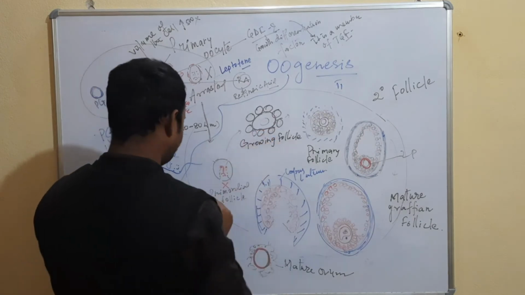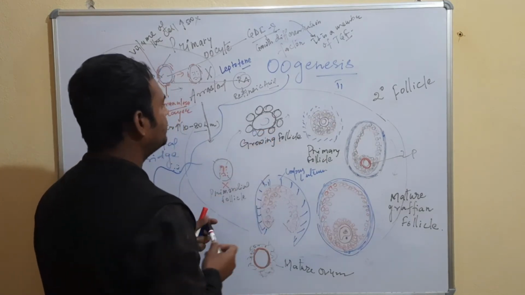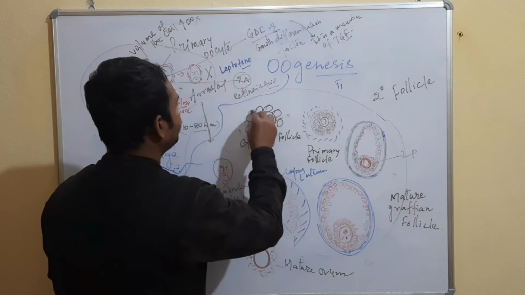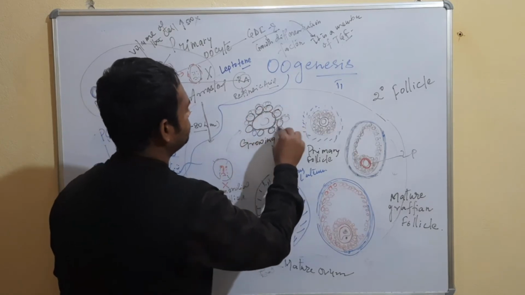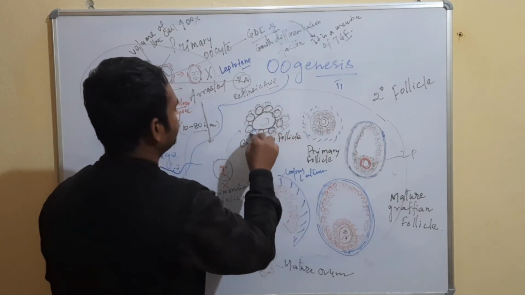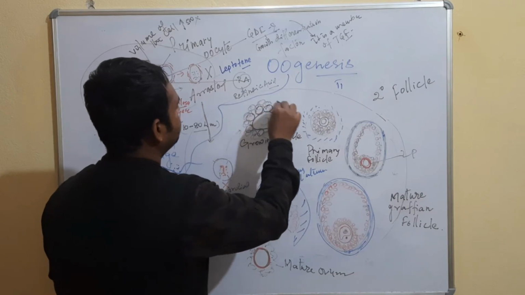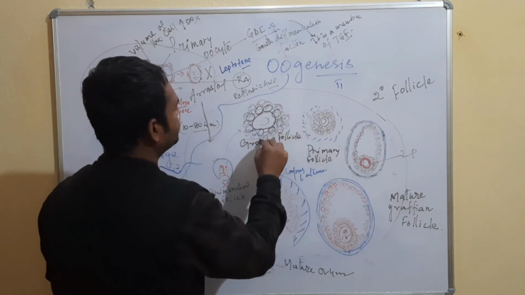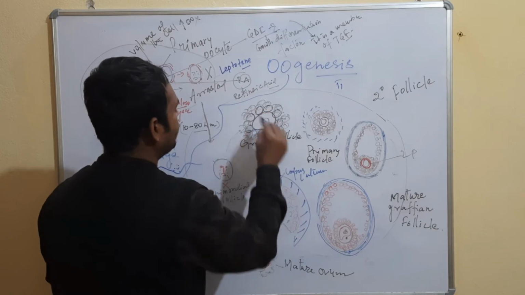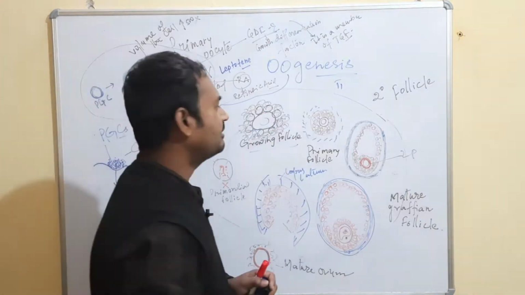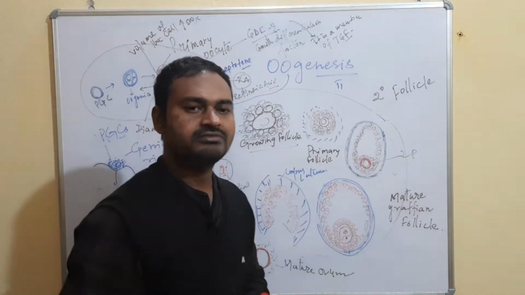and the layer of the granulosa cells will get maximized, and this will be called the growing Graafian follicle.